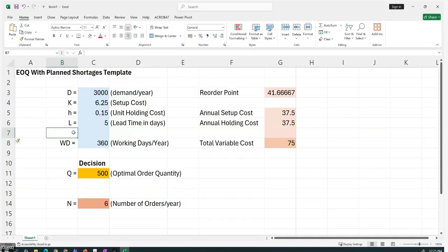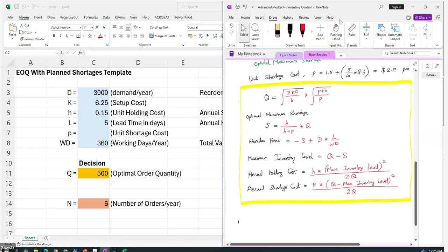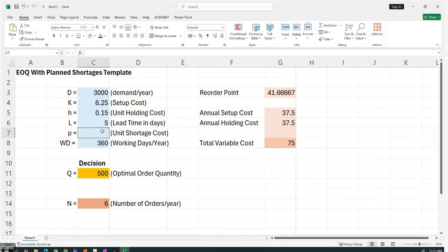What am I inserting it for? I am inserting it for this P. This P is the unit shortage cost. What is my shortage cost? We just computed it, if you remember, $2.2, right? This is my unit shortage cost.